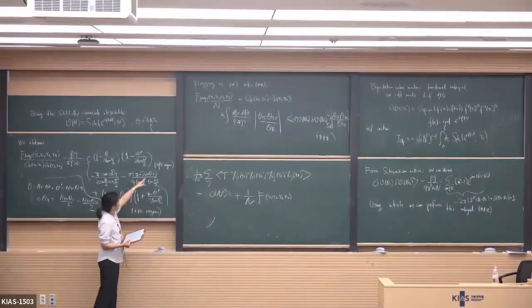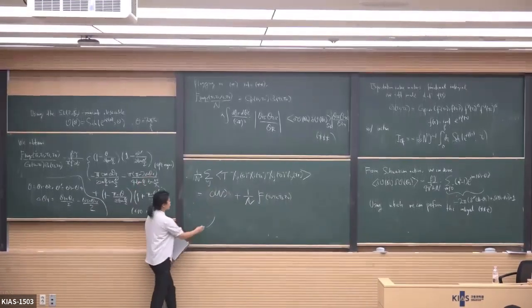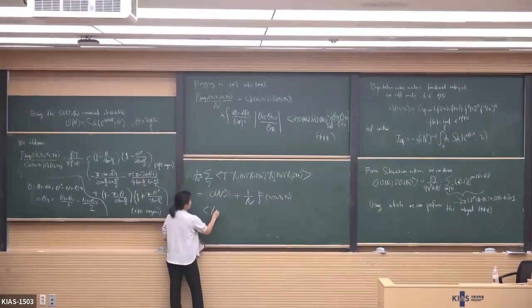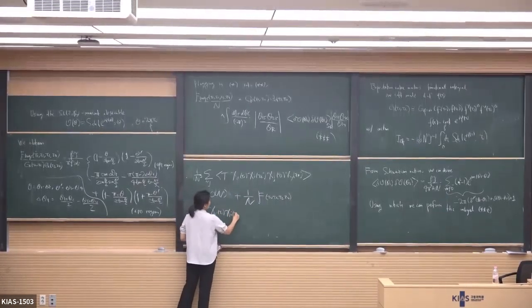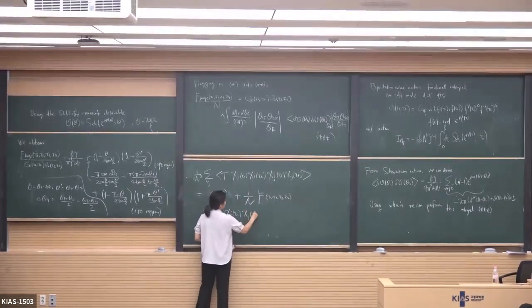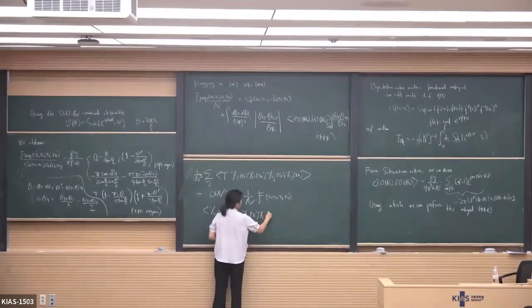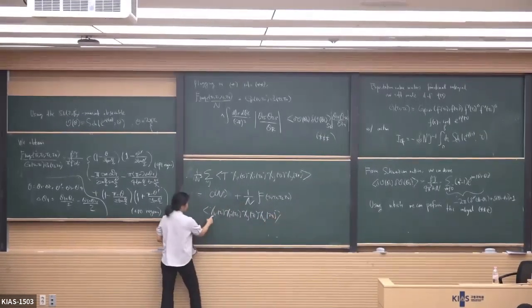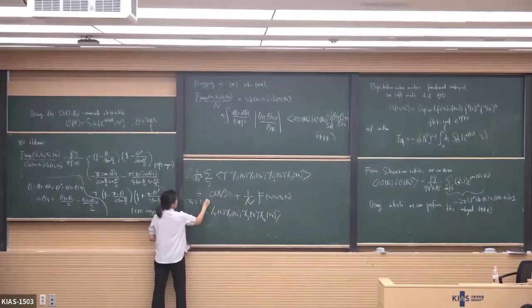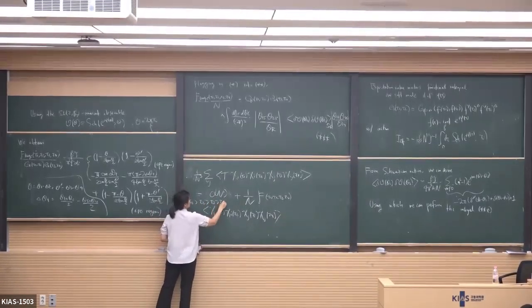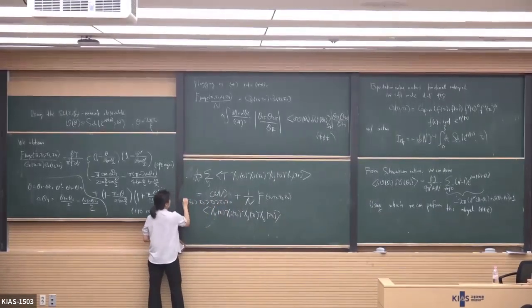So for an OPE ordering, because of the time ordering, you're just looking at this kind of function, right? So for example, this would be the ordering of operators when tau 1 is greater than tau 2 is greater than, okay?